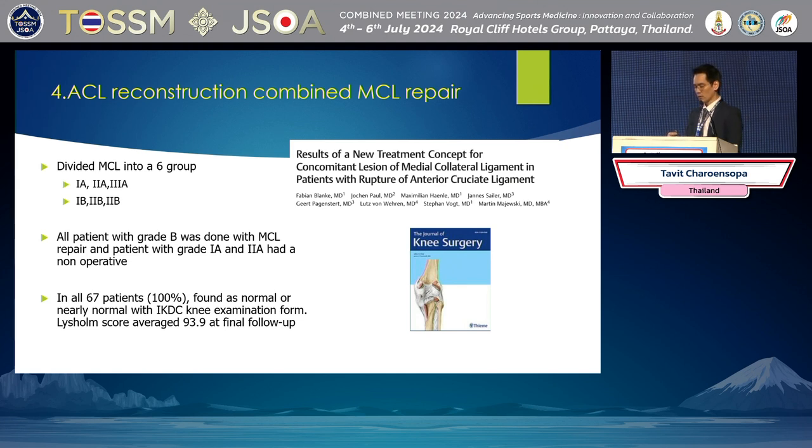All the patients with grade B had the MCL repair, and the patients with grade 1A and 2A had non-operative treatment.